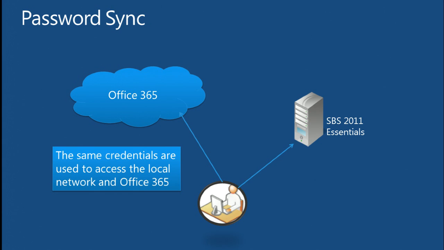So when you install the Office 365 module, you can actually use my email address at my domain name to log in to the SPS Essentials server. Again, this makes a single, consistent sign-on experience, whether you're accessing local resources or cloud-based resources. You only have to teach the users one thing.